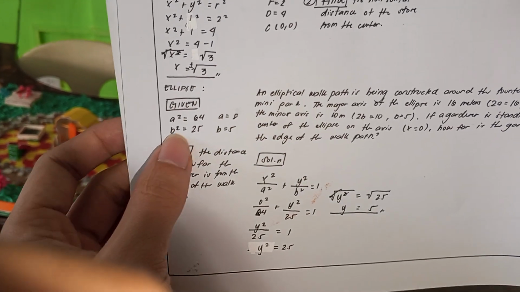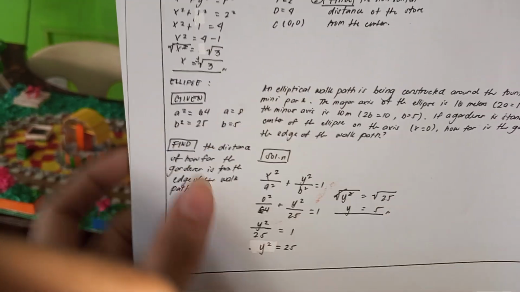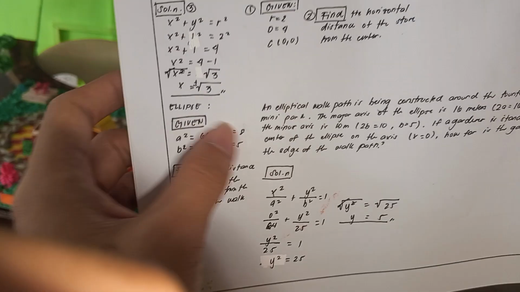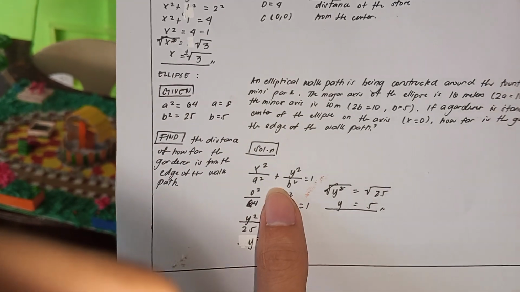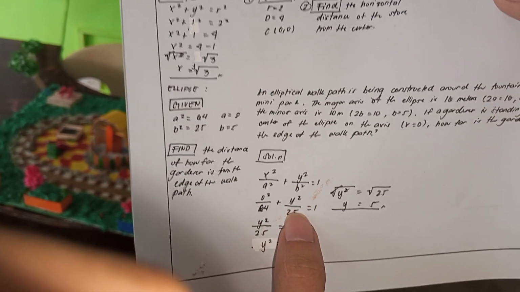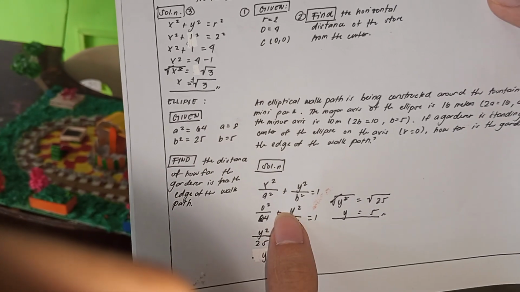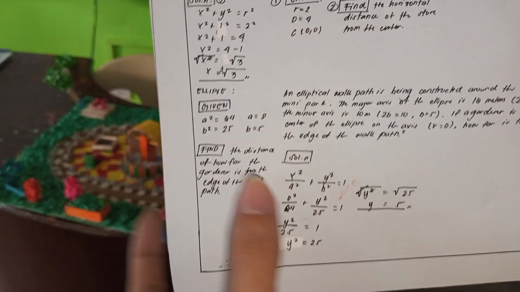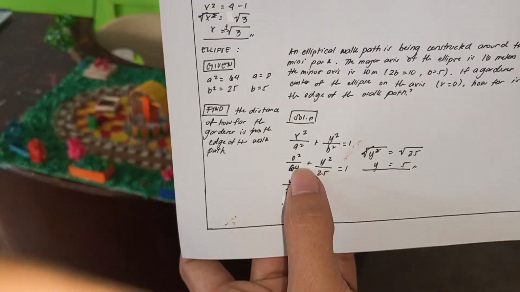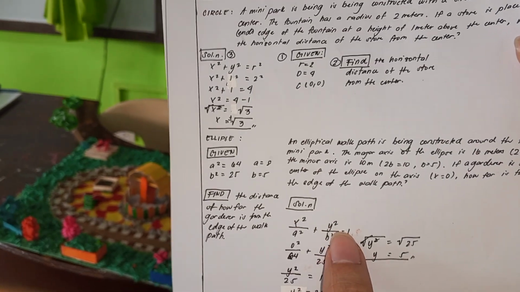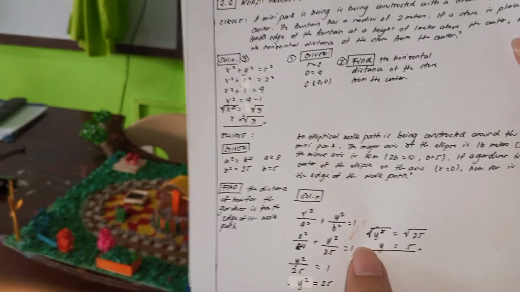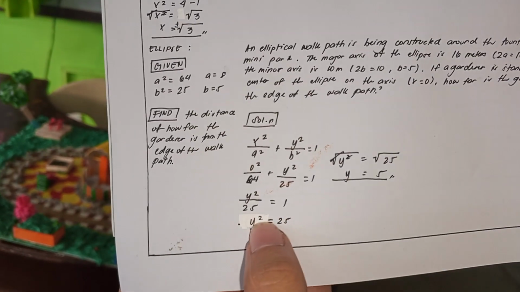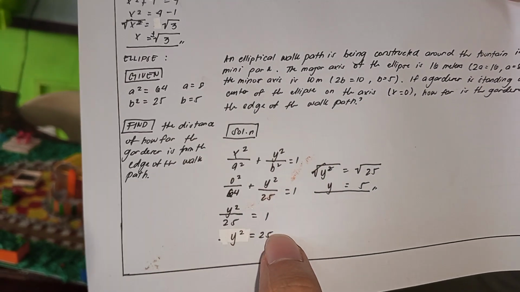We just get it by square root. Okay. Solving, we substitute the values: a squared is 64, and b squared is 25. With x equals 0, y squared over 25 equals 1, so y squared equals 25.